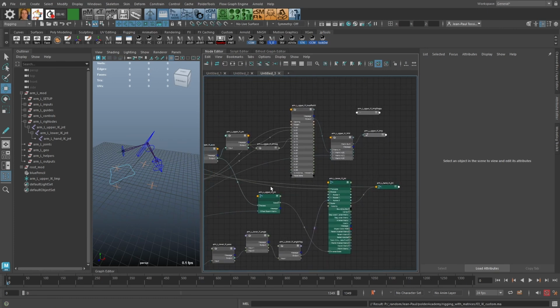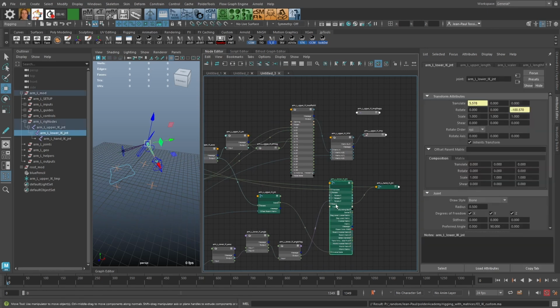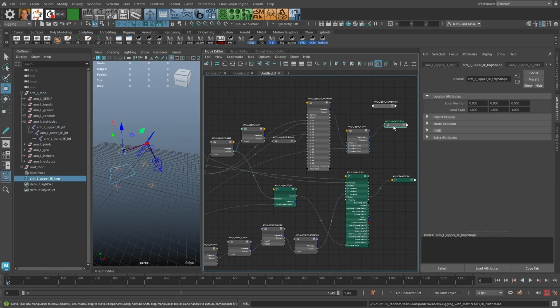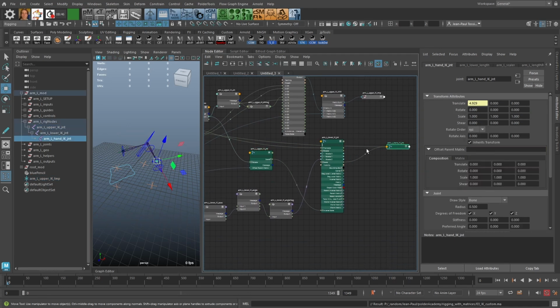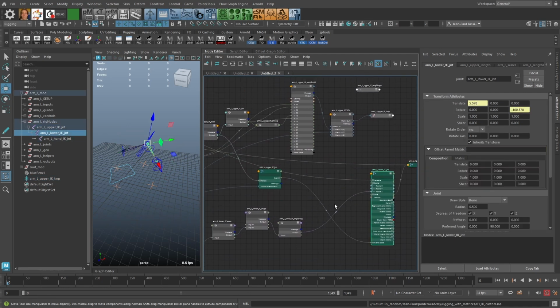And now we have to do the same for the lower joint. So we have created a locator that's at the position of the upper joint. So now we have to create the same thing for the lower joint.